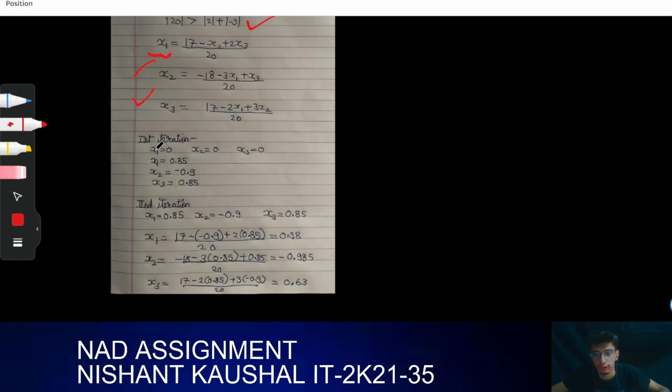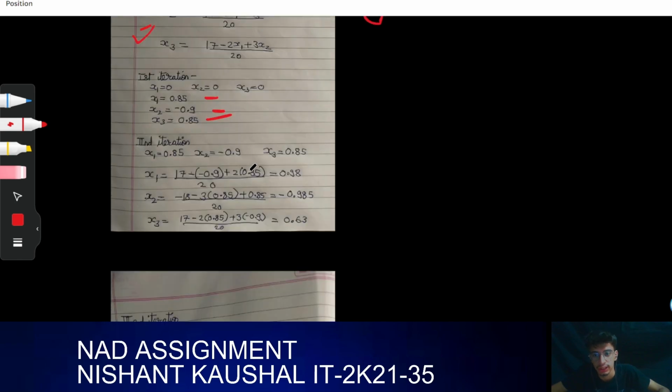Now, for the first iteration, we will put the values of x1, x2, x3 by default to 0. When we put the values to 0, we find x1 equals 0.85, x2 equals minus 0.9, and x3 equals 0.85.